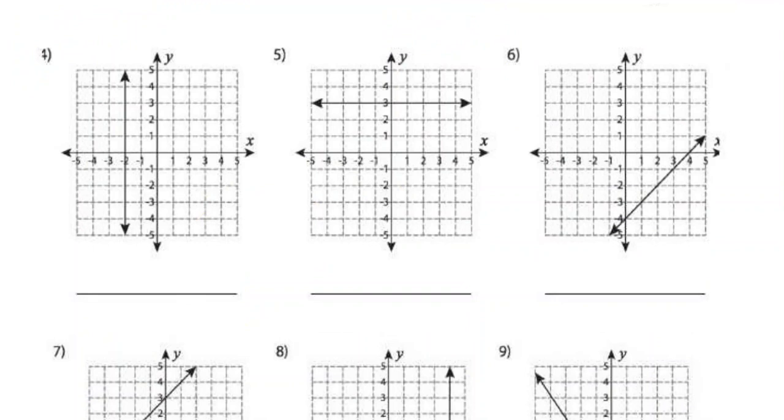Let's look at number 4, I'm sorry. If I read this one, it is just a vertical line. That is your VUX, a vertical line with an undefined slope with an X-intercept. This one is an X-intercept at -2.